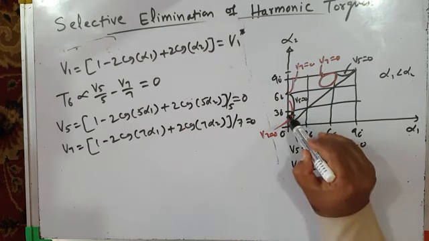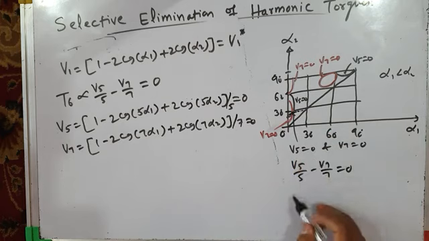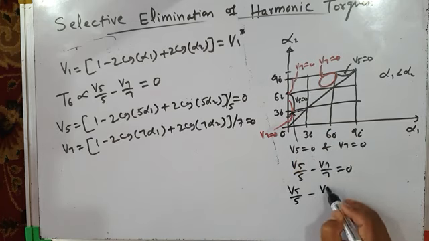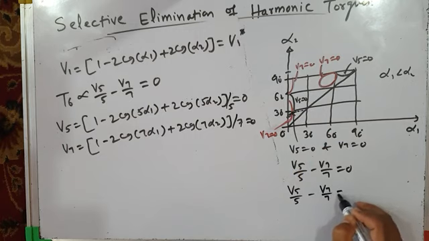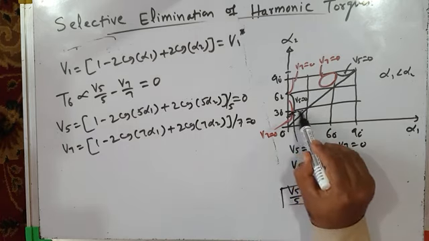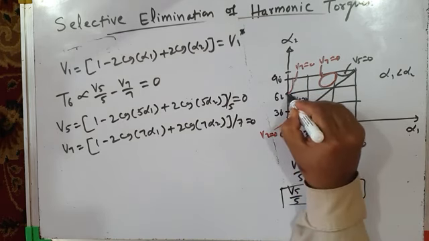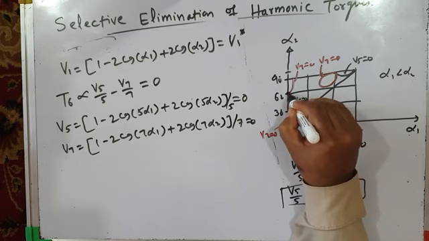And in the vicinity of this point, like I will show by dotted line like this, along these dotted lines, you may not get V5 by 5 equal to 0. You may also not get V7 by 7 equal to 0, but their difference you can find is equal to 0. That is in the vicinity of these points. Similarly, the V7 equal to 0 curve and the V5 equal to 0 curve intersect here also.